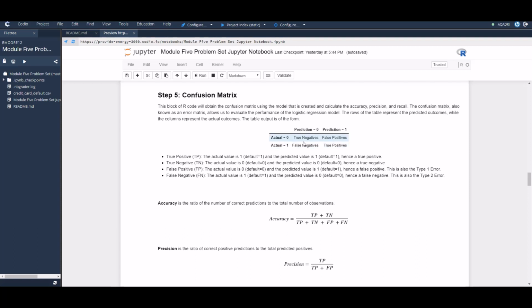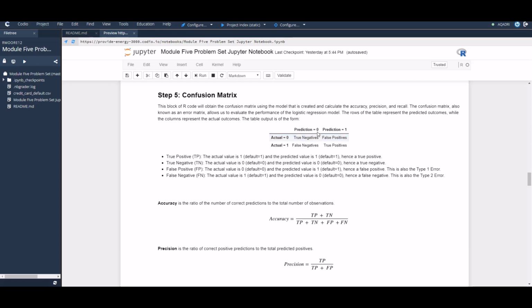And so the idea is that we get this 2 by 2 matrix where the prediction can either be 0 or 1, and each row here you can have the actual label being 0 or actual being 1. The first cell represents the true negatives, because this cell here will include counts of how many in the data set, how many of the actuals that were 0 are actually predicted as 0. So these are true negatives.